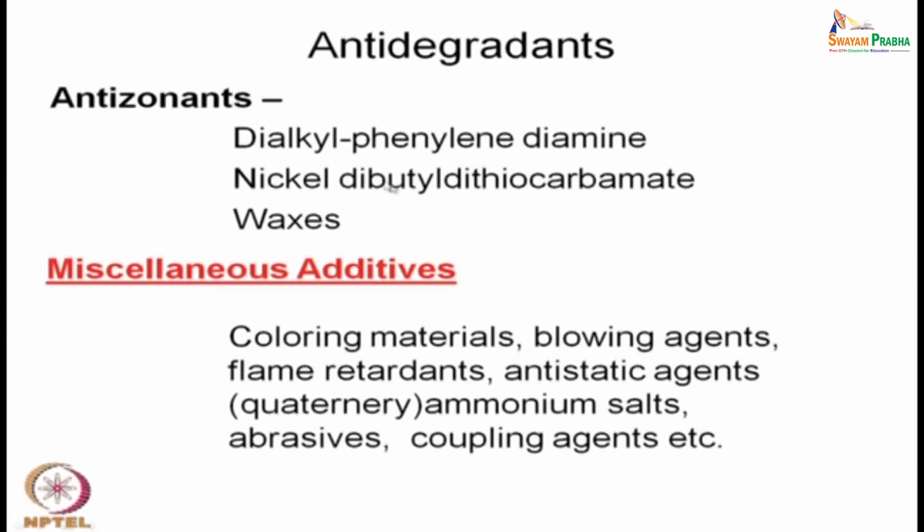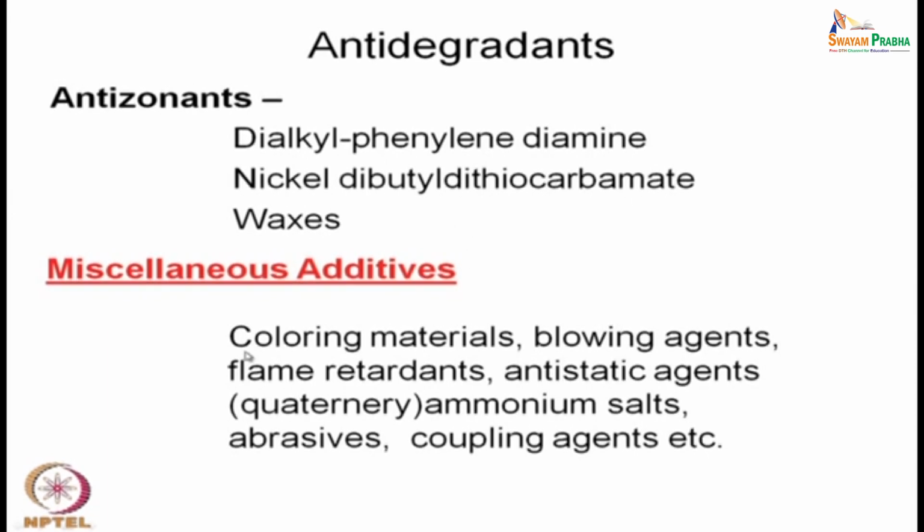Other than those additives, say processing aids, accelerators, cross-linking agents, accelerator modifiers, and stabilizers, there are other miscellaneous additives which are also used for making rubber products.